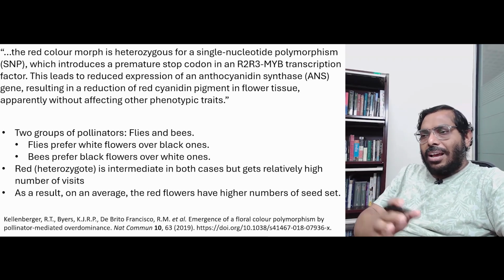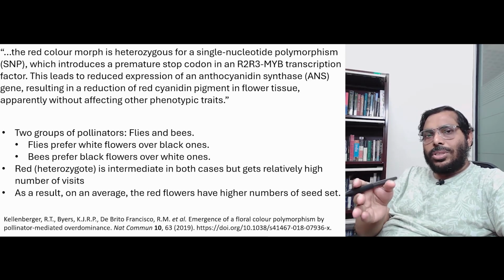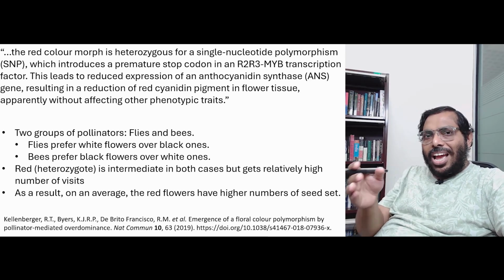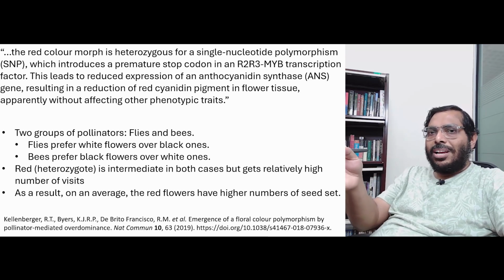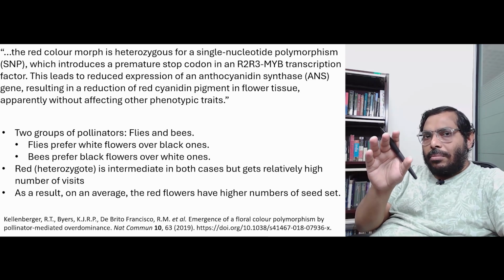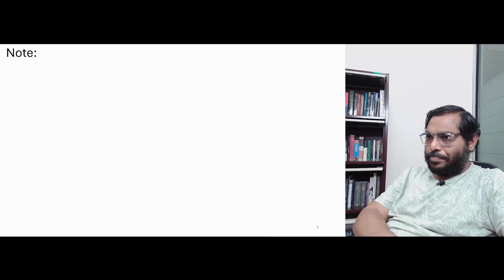Because of this, the fitness of the heterozygotes is higher than both homozygotes, and as a result, you expect that in this population, this polymorphism between the two alleles is going to be maintained.